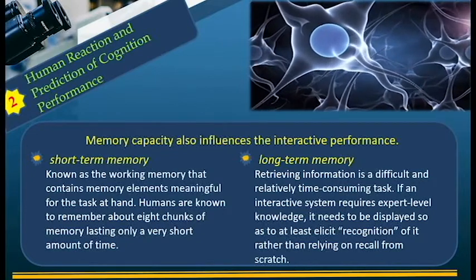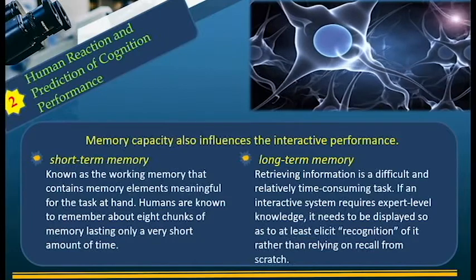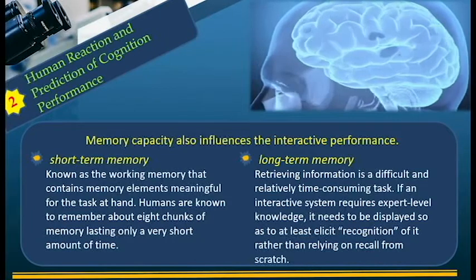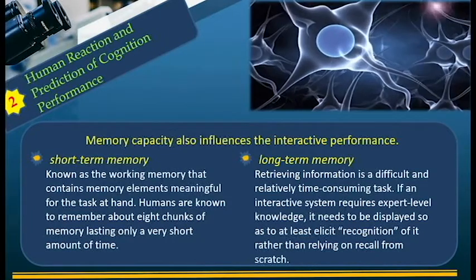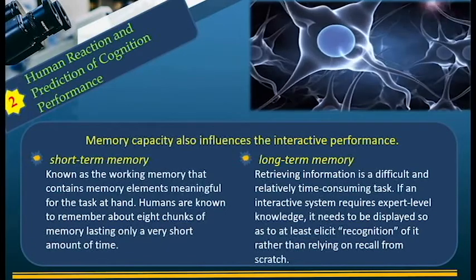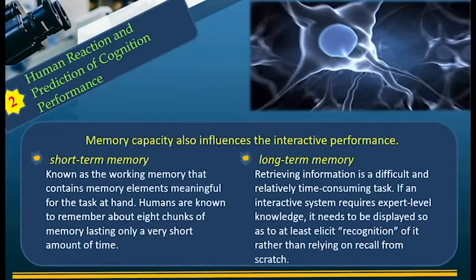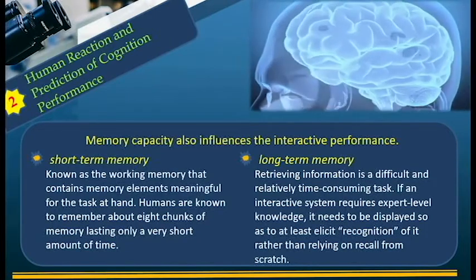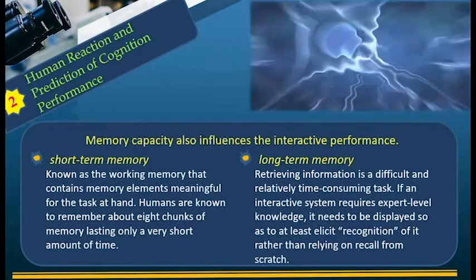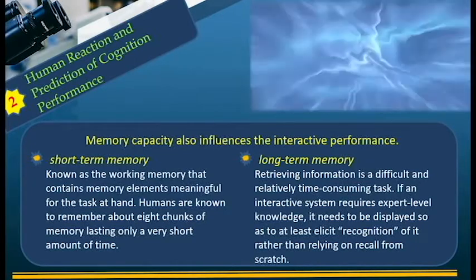I think we're quite familiar with this, no? When we say short-term memory, it is known as the working memory that contains memory elements meaningful for the task at hand. Humans are known to remember about 8 chunks of memory lasting only a very short amount of time.